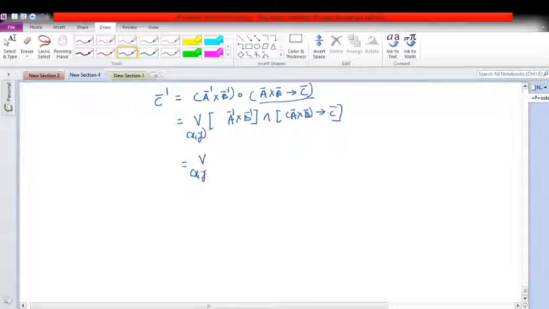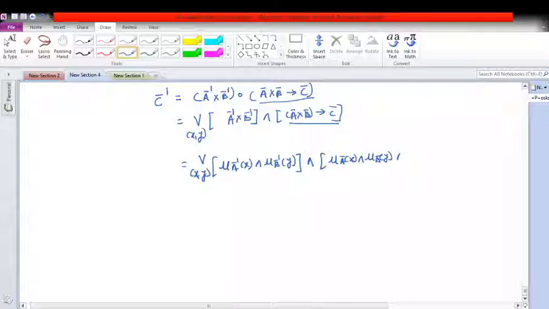Max for x and y: mu A bar dash of x, coupled means minimum, and mu B bar dash of y. Here also coupling is represented using the minimum operator, so it will be mu A bar of x and mu B bar of y and mu C bar of z.